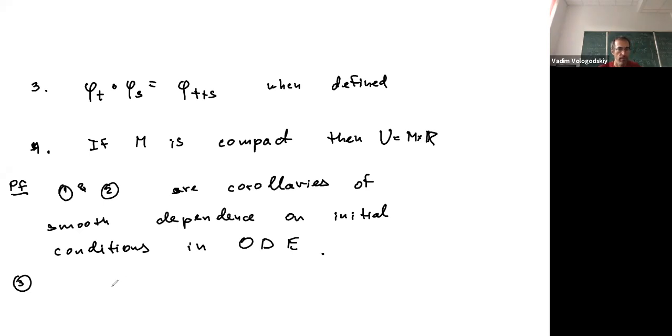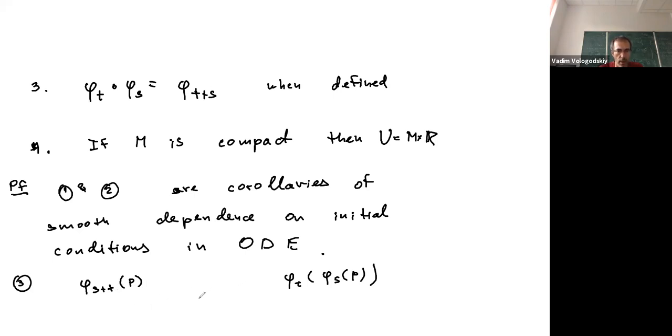Well, that's easy because we want to compare phi of s plus t of p and phi of t applied to phi of s of p. So let's think of these as functions in t.